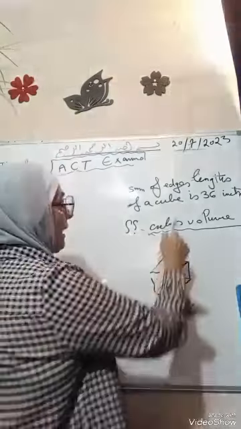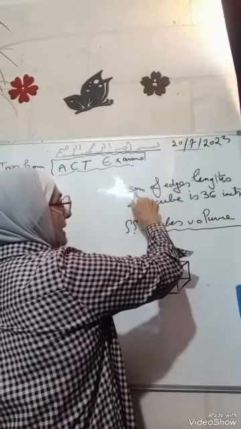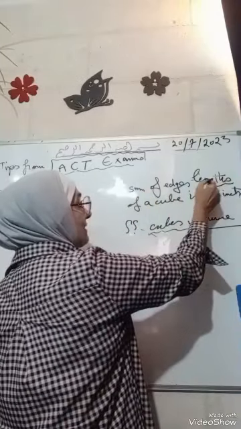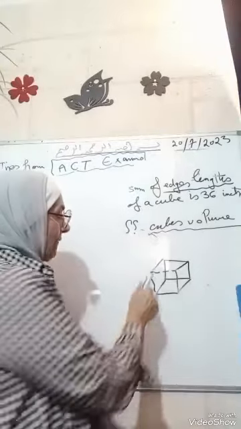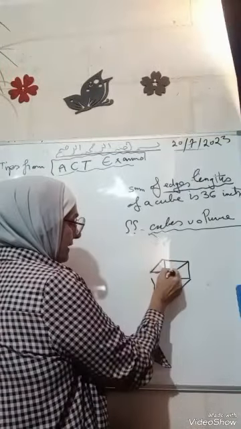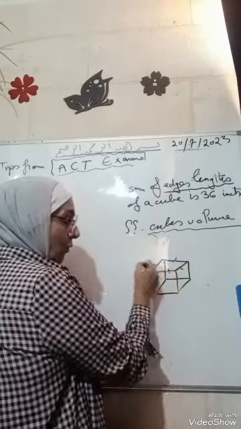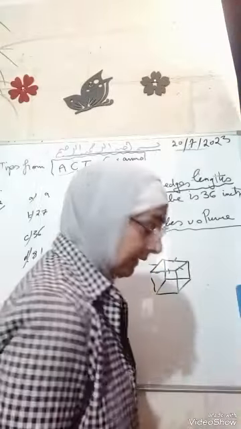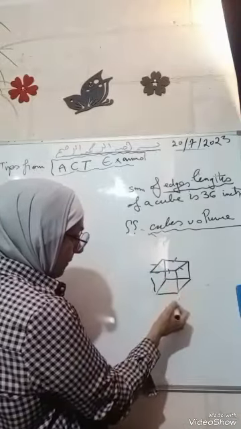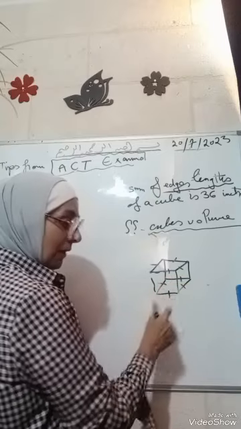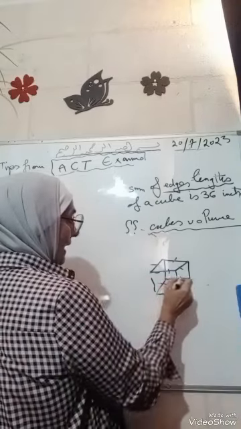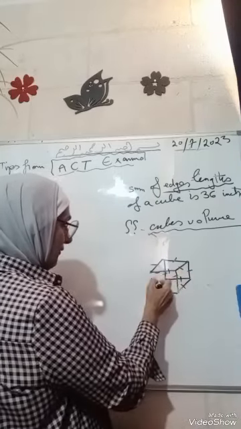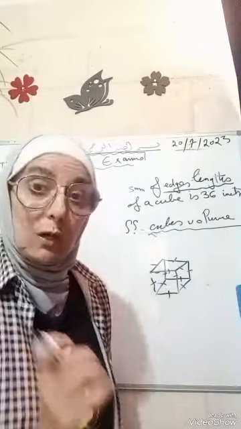It says the sum of edge lengths. How many edges do I have? This is the top surface, 1, 2, 3, 4. Of course, all the edges are equal. About the base, 1, 2, 3, 4, another 4 edges. And here, 1, 2, 3, 4. So we have 12 edges.